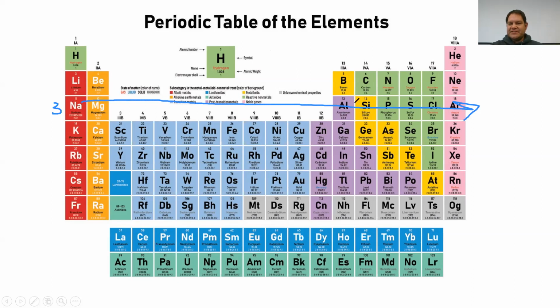Now, the question is, does the shielding effect matter much as we move across the periodic table? And the answer is no, okay? When we're adding a proton to the nucleus, we're also adding an additional electron, right? But where are we adding the additional electron? Well, we're adding it to the valence shell and not to a core shell.